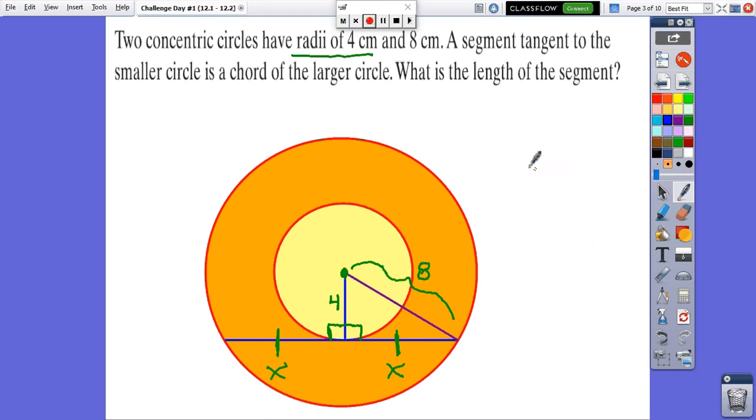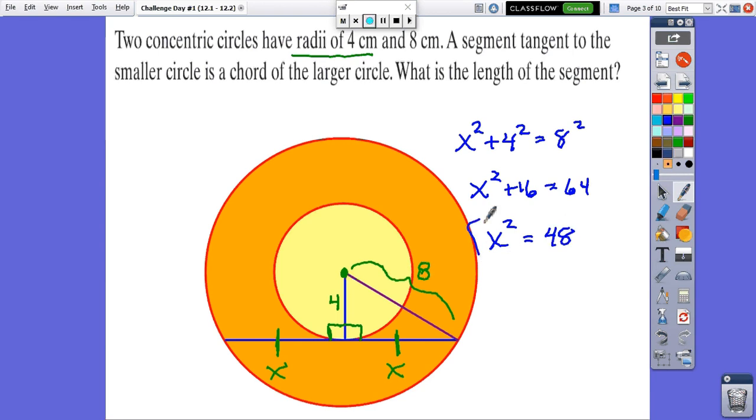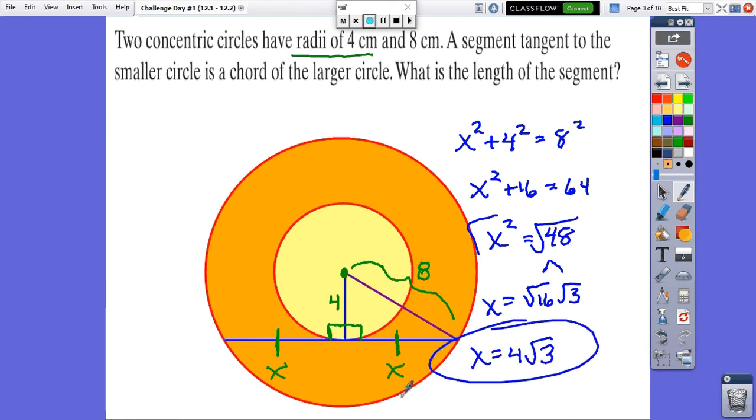So now we can do the Pythagorean theorem. We'll have x squared plus 4 squared equals 8 squared. X squared plus 16 equals 64. Subtract the 16 over to the 64, and we'll end up with, what, 48? And square root that. The fastest way to break down 48 would be 16 times 3, which gives us 4 root 3.